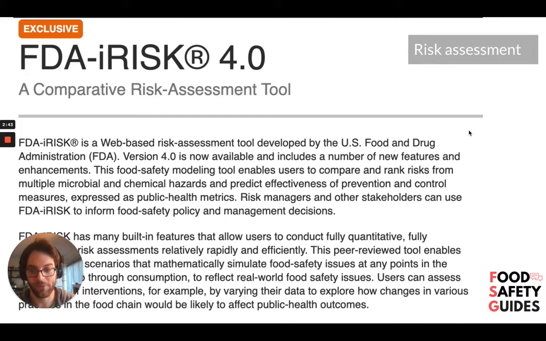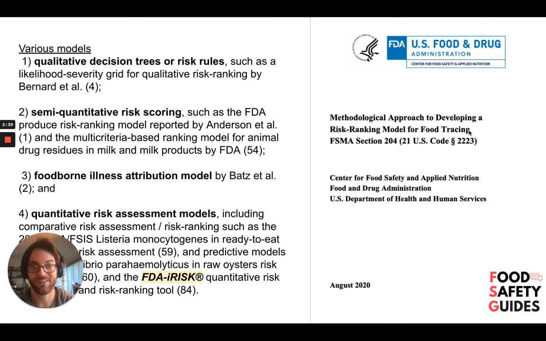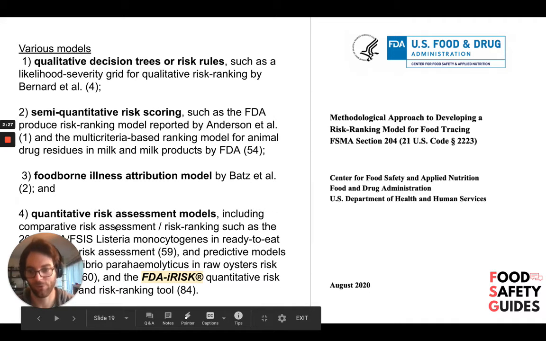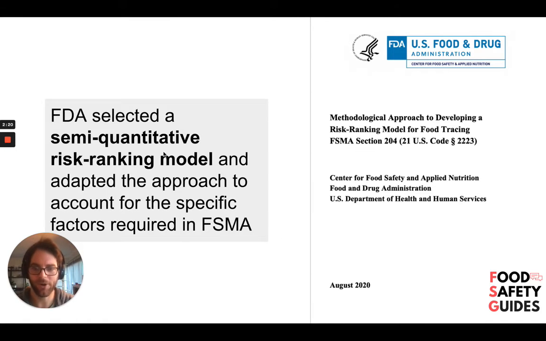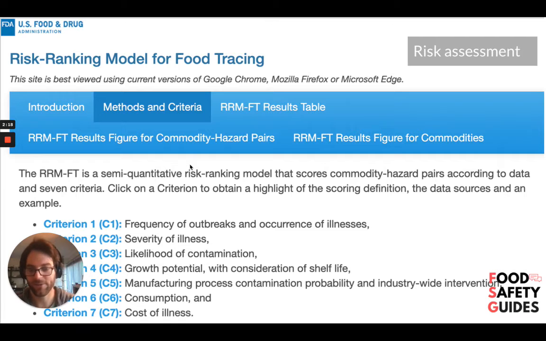If you're looking for something pared down where a lot of the footwork's been done for you, you should consult the FDA's methodological approach to developing a risk ranking model for food tracing, where they sorted through all the different tools available to them, models, one of which was the iRisk, which was a quantitative risk assessment model. They decided to go with a semi-quantitative risk scoring model, and this is their criteria.